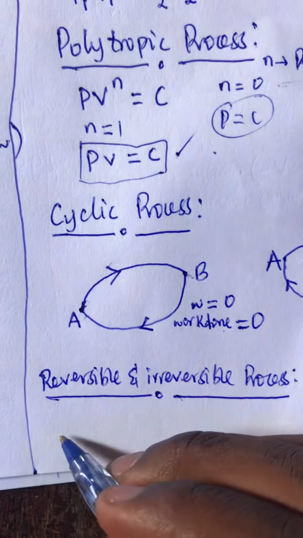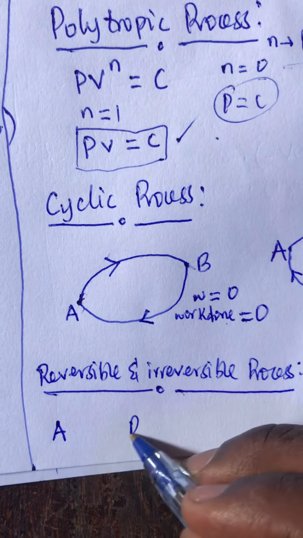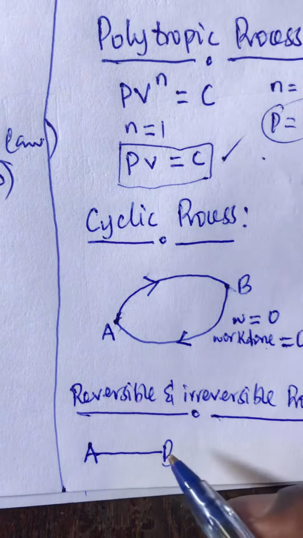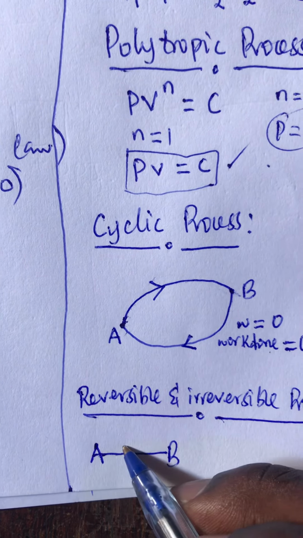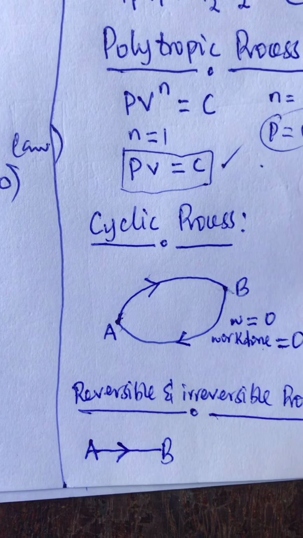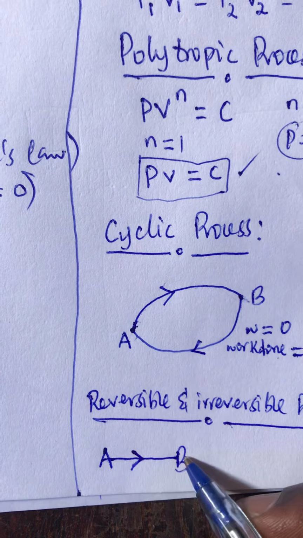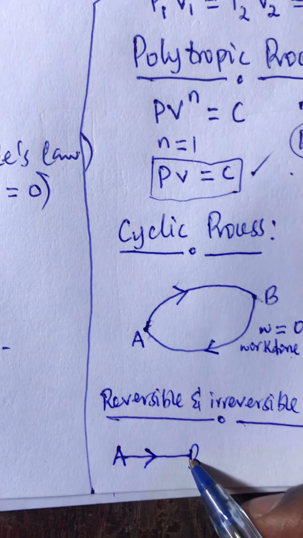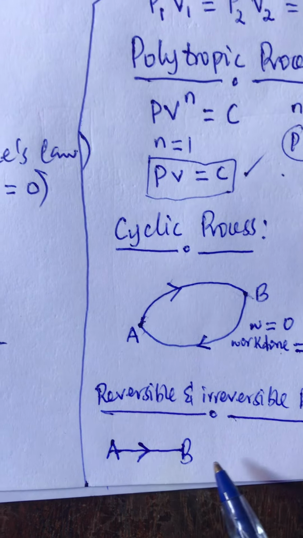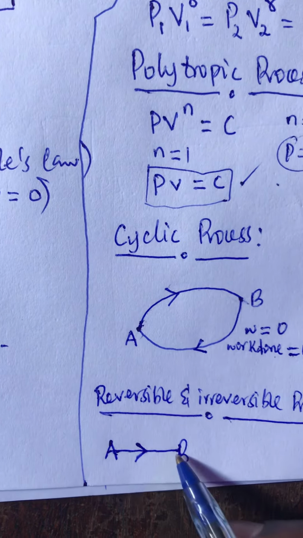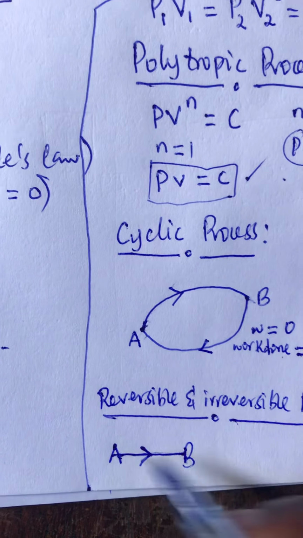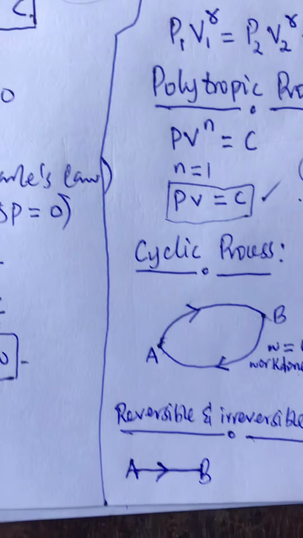For example, if you go from state A to B, you have gone through some process. Now, if this system at state B can be brought back to A by changing the factors that caused it to come from A to B, along the same line, with the same conditions, then that process is said to be reversible.